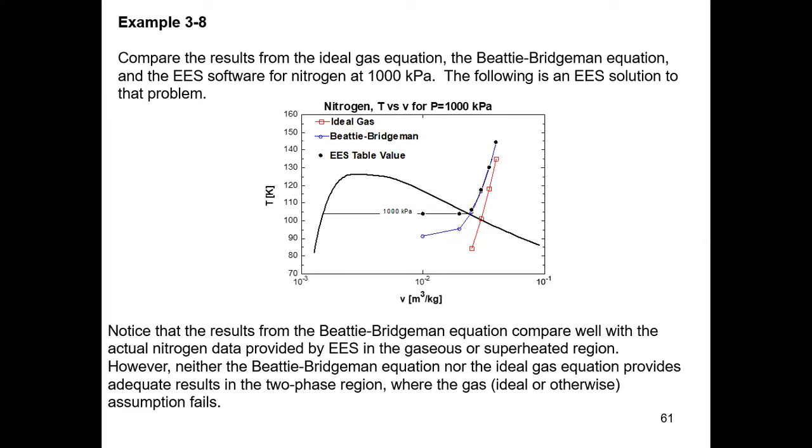Notice the result for the Beattie-Bridgeman equation compares well with the actual nitrogen data provided by EES in the gaseous or superheated region, at the extreme right top. However, neither the BB equation nor the ideal gas equation provides adequate results in the two-phase region, which is inside the dome, where the gas, ideal or otherwise, assumption fails.